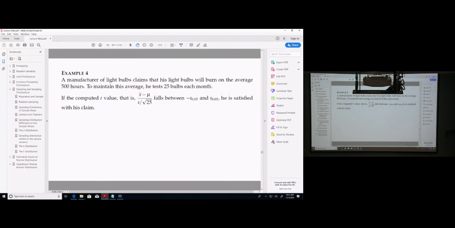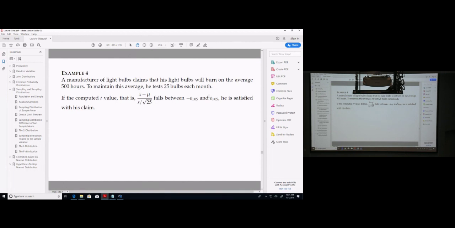A manufacturer of light bulbs claims that his light bulbs will burn on the average of 500 hours. To maintain this average, he tests 25 bulbs each month. Again, we can compute this and look for whether it falls between this. This represents 5% on the right, the upper tail, and because the t-distribution is symmetric, if you take the negative value of this number, it would be another 5% in the little tail.